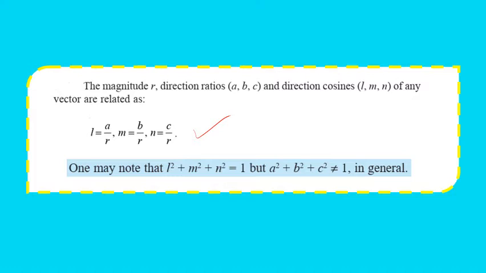And we have a very important formula that l square plus m square plus n square equals 1. But a square plus b square plus c square is not equal to 1 in general. In a few cases it might be equal to 1, but generally it is not. Clear? So pause and note down this very important point.